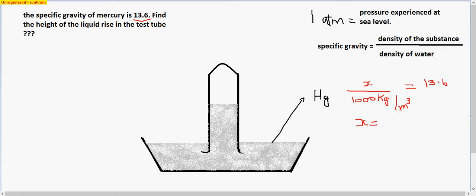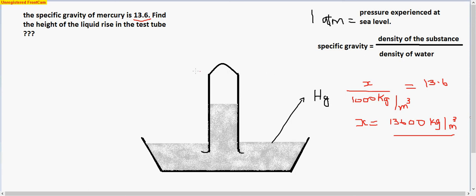What is X? Which is 13.6 into 1000. Let's straight away write it down. 13600. Now what is the unit? It's kilogram per meter cube, right? Now that is the density of mercury.